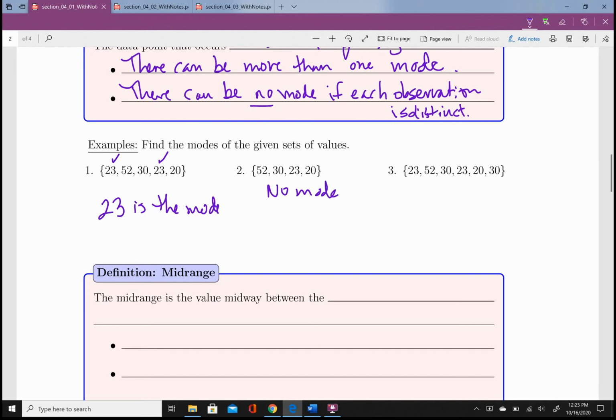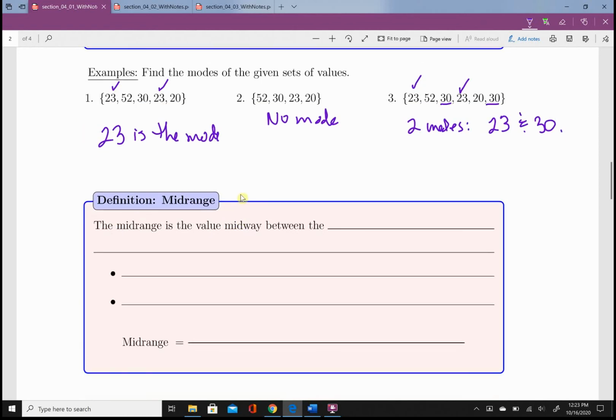And then here, for number 3, we have 23 occurring twice and 30 occurring twice. And then otherwise, the rest of the data values are distinct. So we have 2 modes, 23 and 30. Cool.